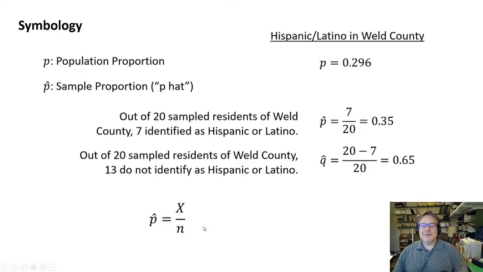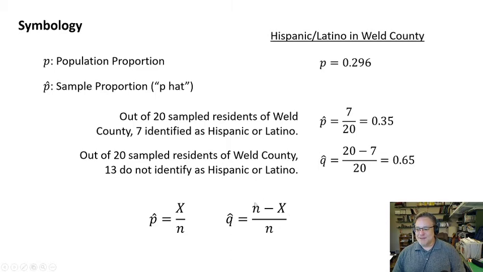And so here are some of the equations which you already witnessed us using in order to calculate this sample proportion. The sample proportion was the number of people who identified as Hispanic or Latino divided by the total number of people who were sampled. In the same way, we used this kind of thing to estimate q hat.